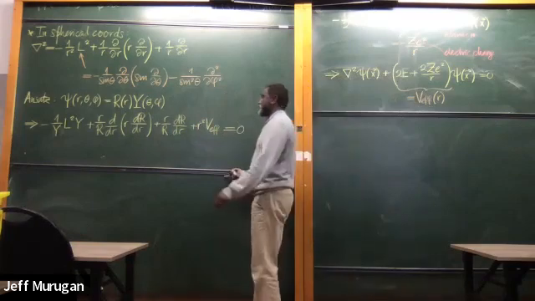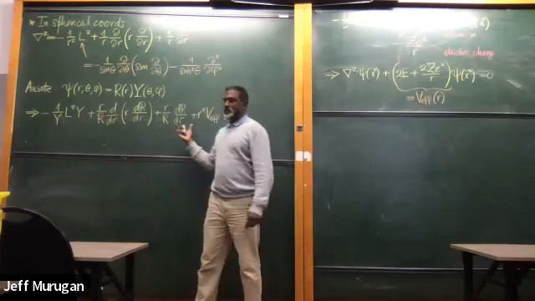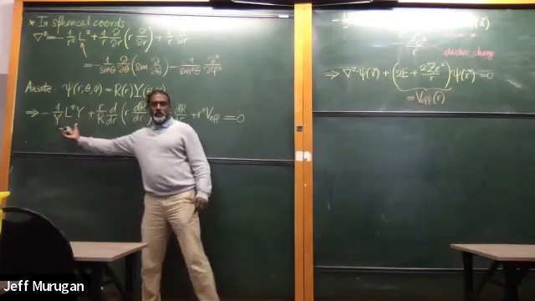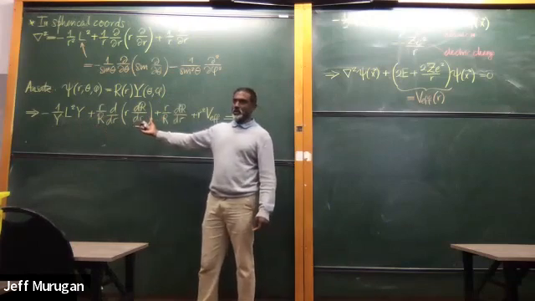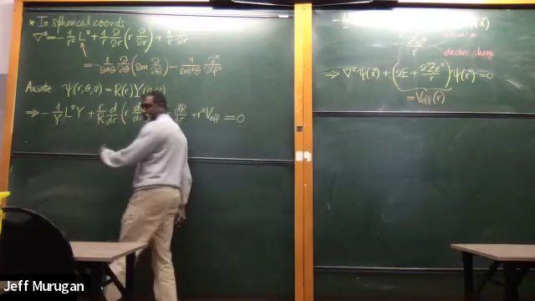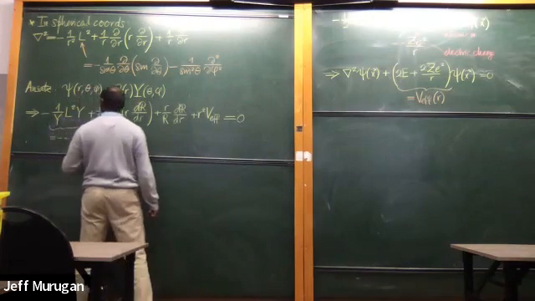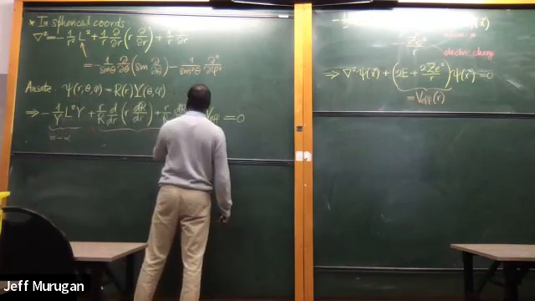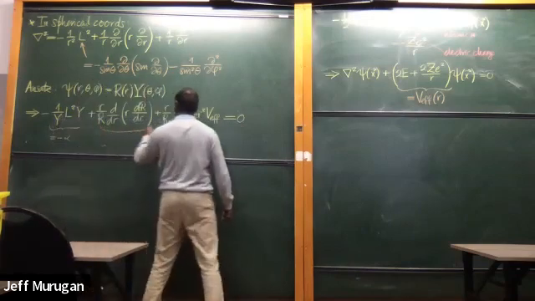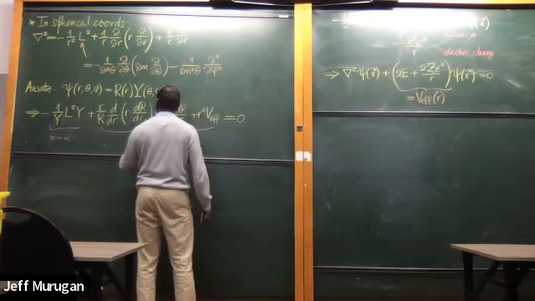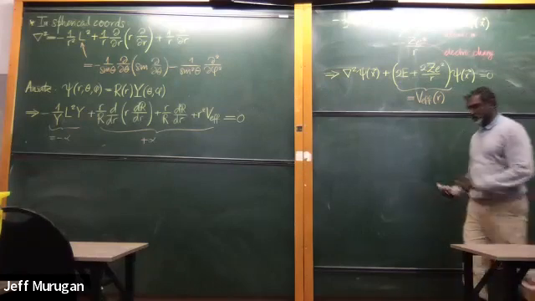As you well know from this method of separation of variables, each of these terms involving only the angular variables and only the radial variables must separately equal a constant. Right? And those constants must cancel out. So we can call this guy minus alpha, and then we call this guy plus alpha, and the two sum to 0. Alpha is a constant.